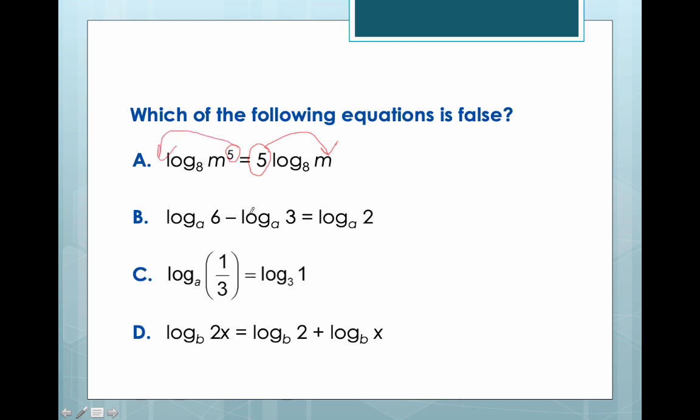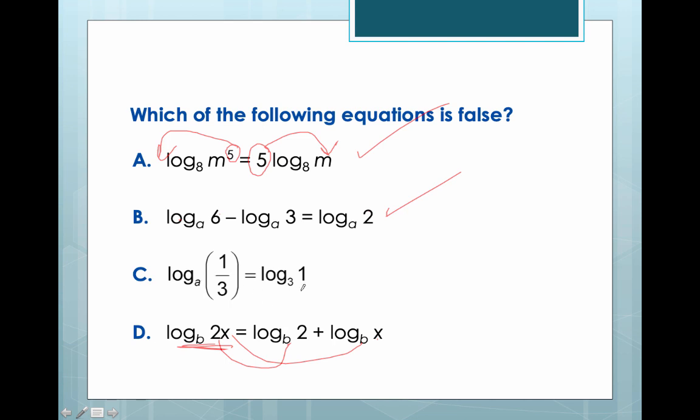Subtraction turns into division, so this would be log base a of 6 over 3. 6 over 3 is equal to 2, so this one's okay. This one's okay. All the way down to the bottom, multiplication can be split up into addition, log base b of 2, log base b of x. You could also look at it going back the other way.